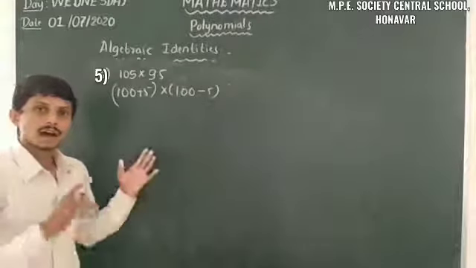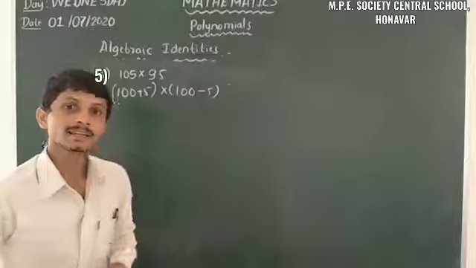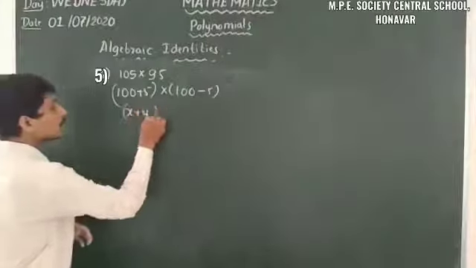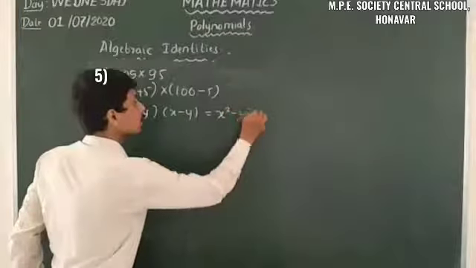I will remember this form as one of the algebraic identities, that is (x plus y) into (x minus y) is equal to x square minus y square.